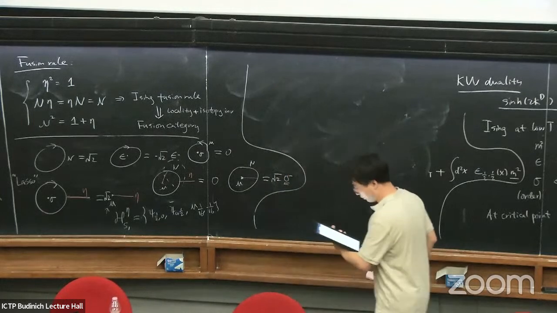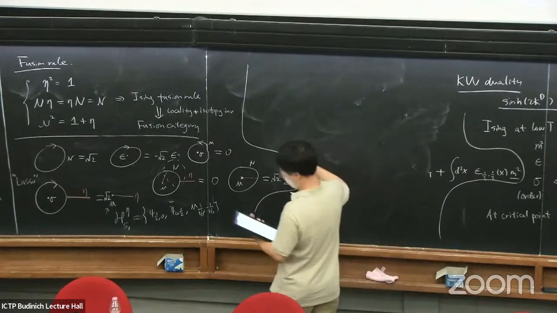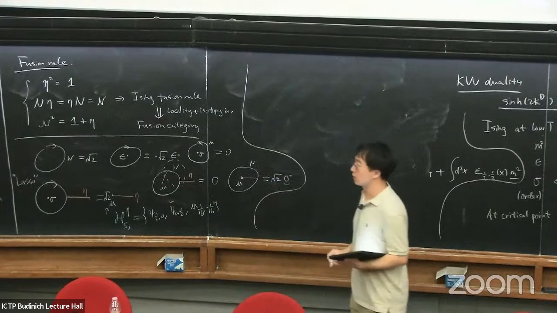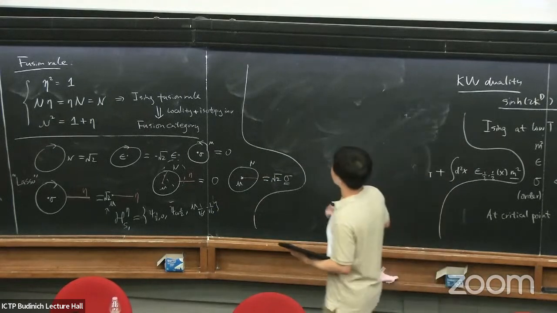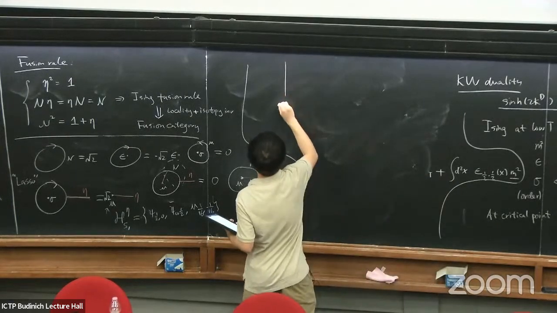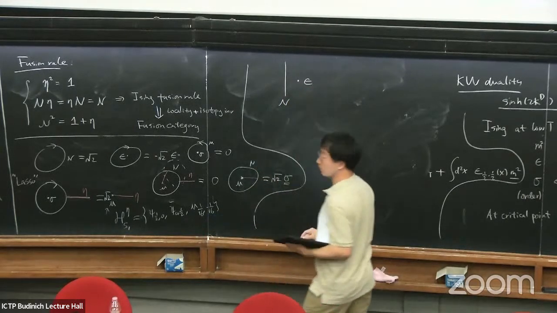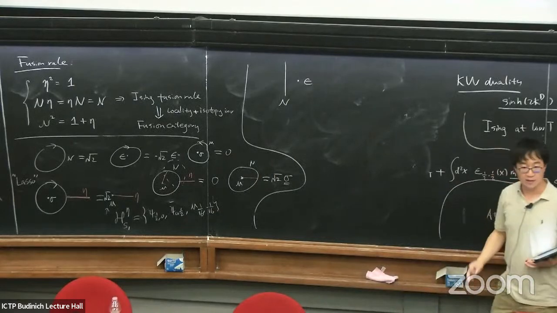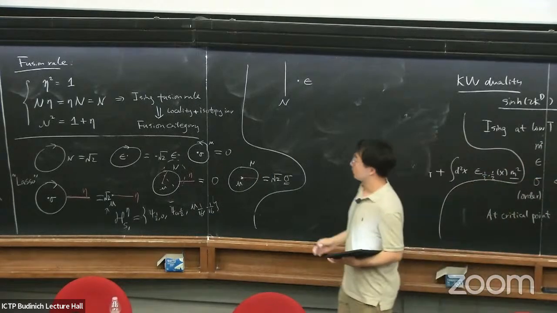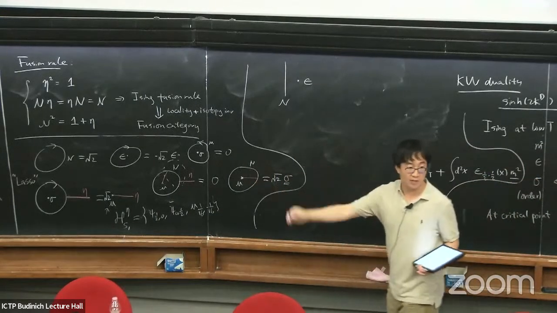So the picture that is helpful to represent the way the duality defect acts on local operators is to imagine that you have the duality defect over here and some local operator inserted around it. This is the diagram we draw when we discuss the topological feature of these defect lines.